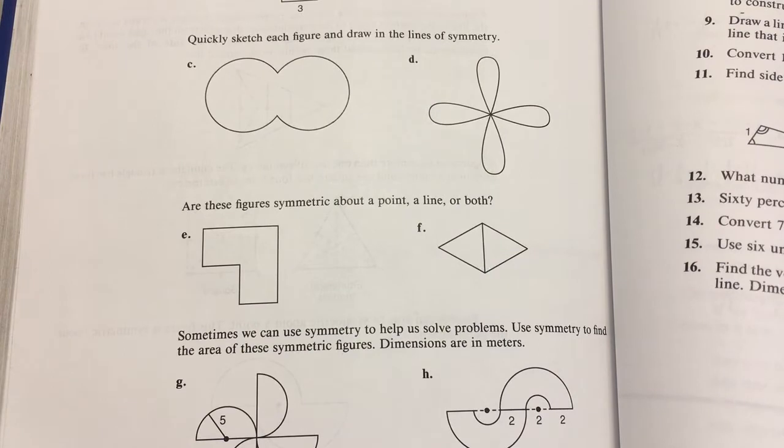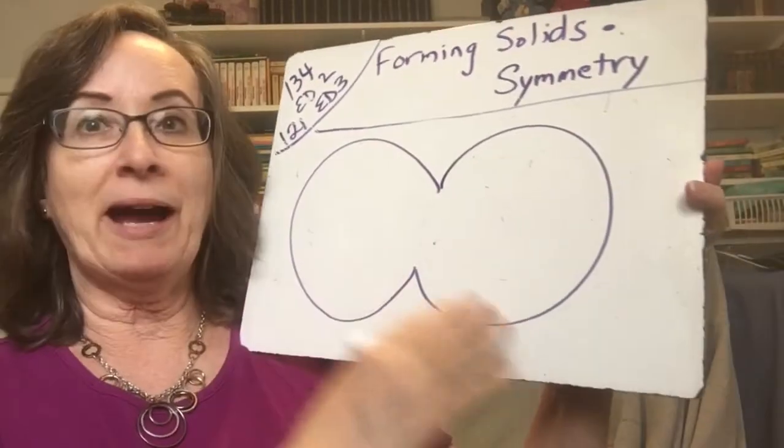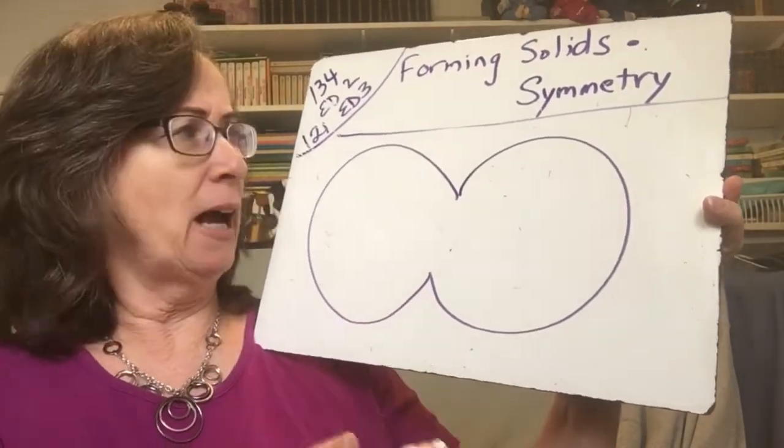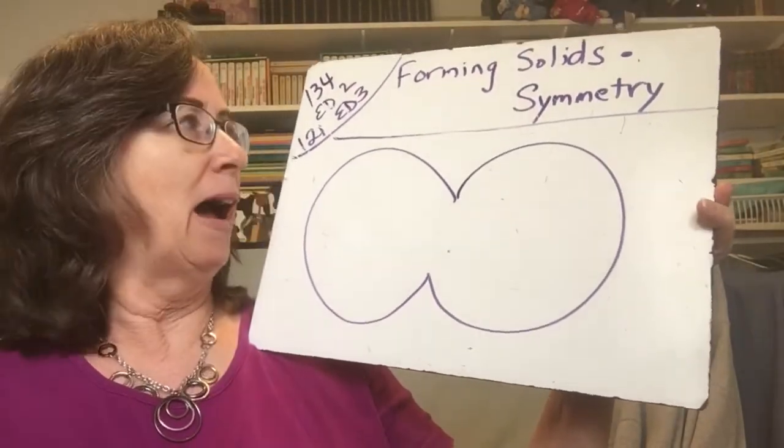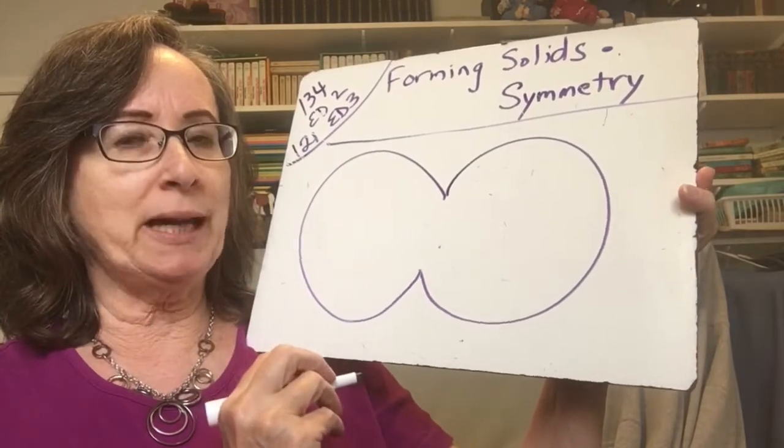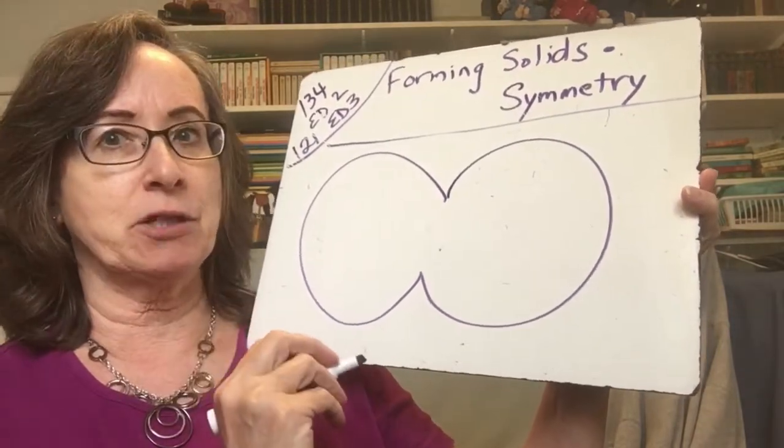Okay, so here we are quickly sketching each figure and drawing the lines of symmetry. The first figure kind of looks like a peanut. So I've sketched a pretty good picture of the same object here, and we have some lines of symmetry.